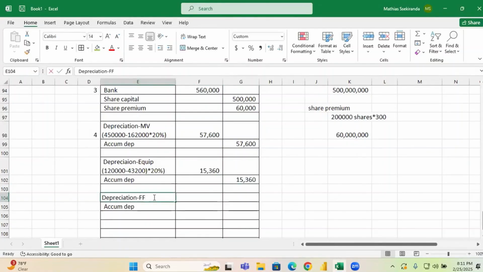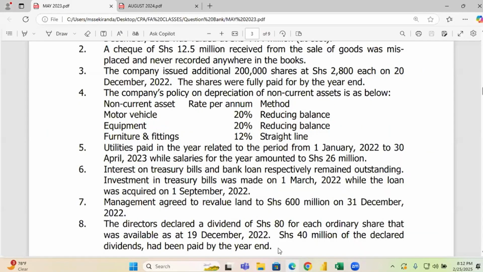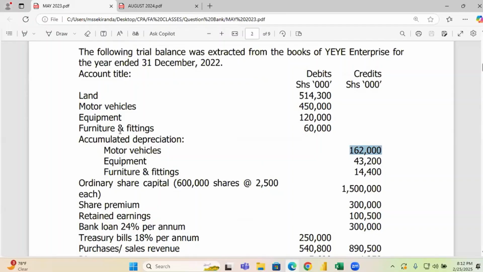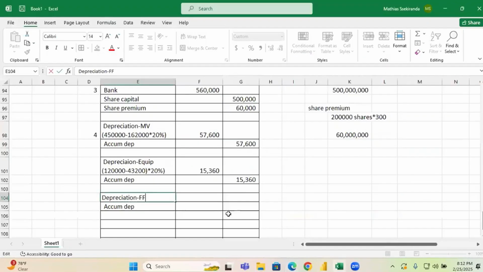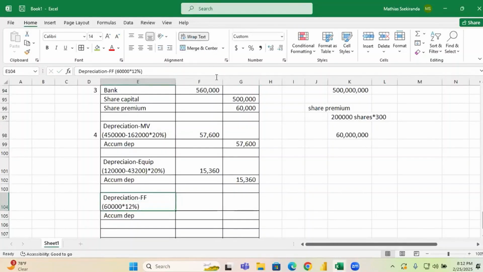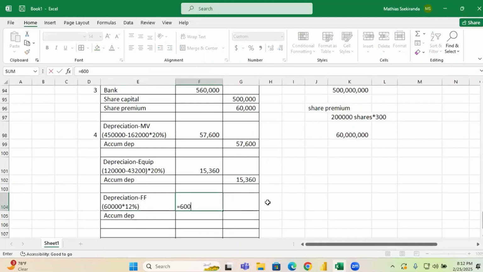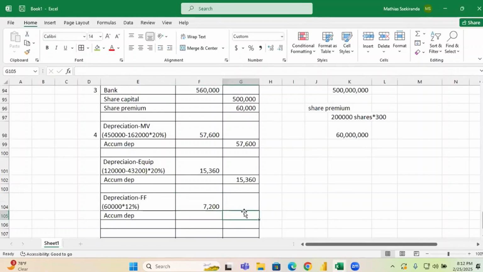Cost minus accumulated depreciation. Then furniture, depreciation is straight line. You just get the cost of furniture, 60,000. 60,000 times 12% we get 7,200.